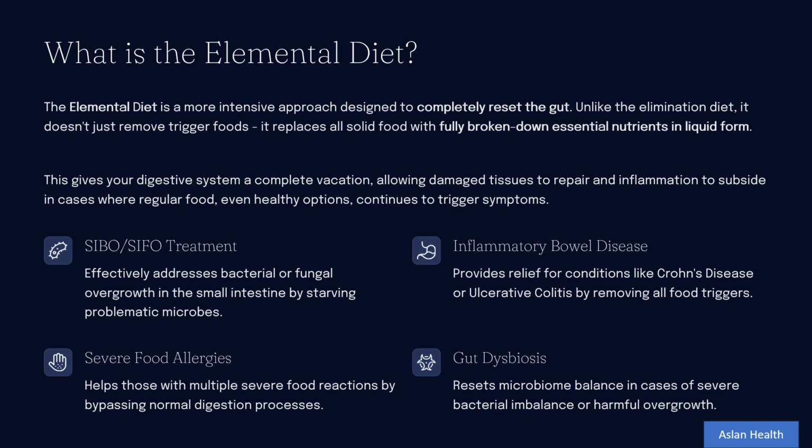I don't know if you've heard about SIBO, which is small intestinal bacterial overgrowth, very common, or SIFO, which is small intestinal fungal overgrowth. It's commonly used for those two conditions and very effective. I've used it for both. The reason is that if you eliminate the things that those organisms, either bacterial or fungal, like to eat, you essentially starve them.